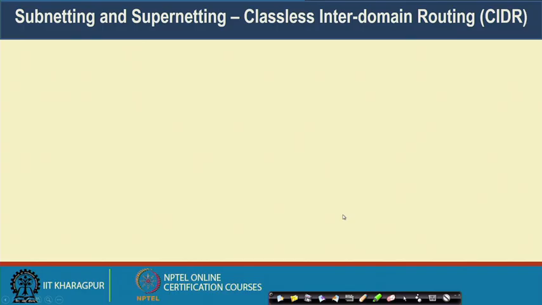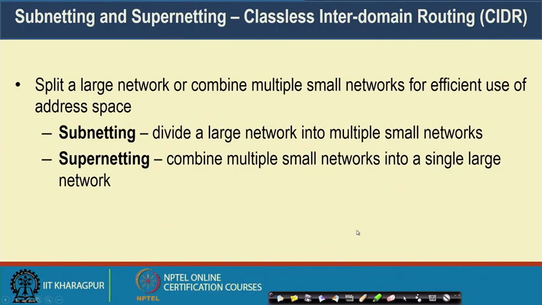So, that is why from classful addressing, we are moving towards classless addressing, or as it is recently called, classless interdomain routing or CIDR. The idea of CIDR is that you can split a large network into multiple small networks, or combine multiple small networks together to have a larger network, so that you can provide a handful of IP addresses to the hosts inside that network.